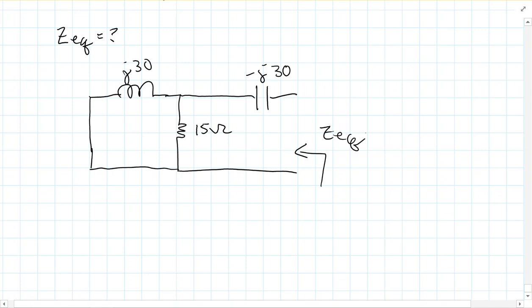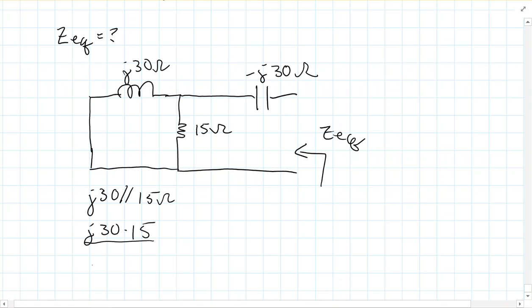Now, remember, if you look at this circuit, this J30 ohms is in parallel with the 15 ohm resistor. So we should do that computation first, and you can do it several different ways.